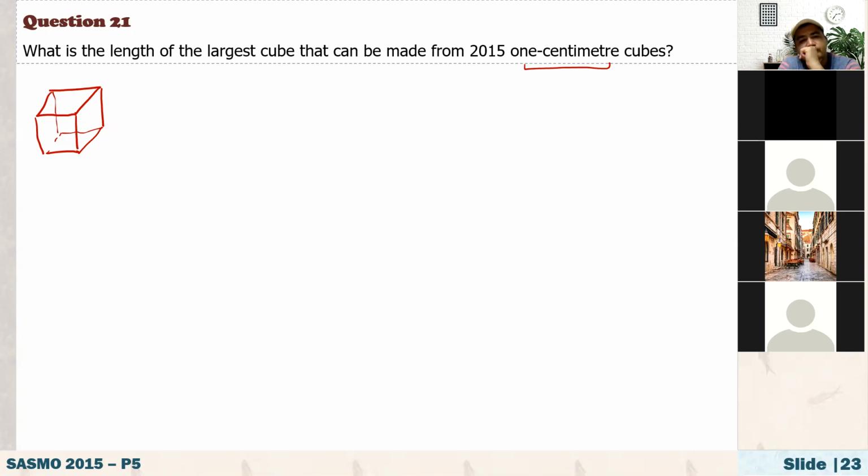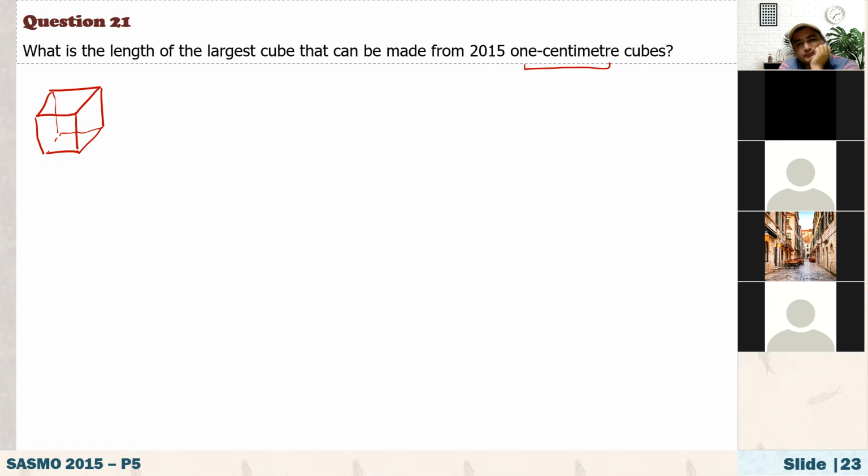Like, as I understood, we need to make the largest cube from 2015 centimeter cubes, squares.